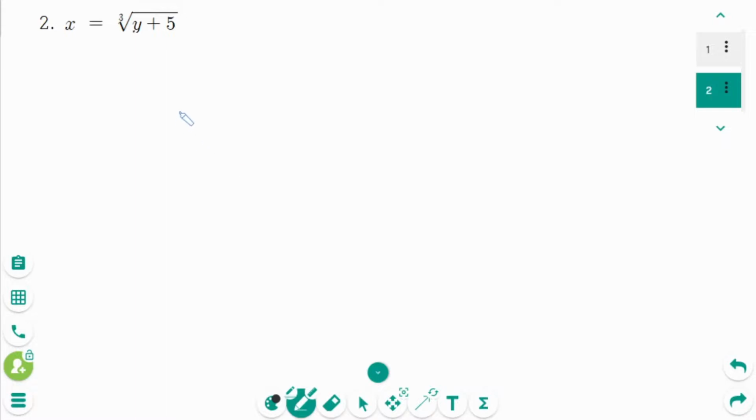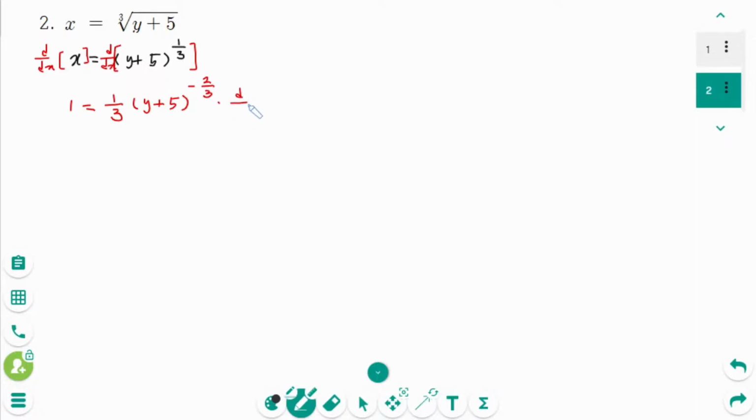Question 2, we can rewrite as x equals (y plus 5) to the power of 1/3. Then differentiating the equation implicitly with respect to x, 1 equals 1/3 (y plus 5) to the power of minus 2/3.